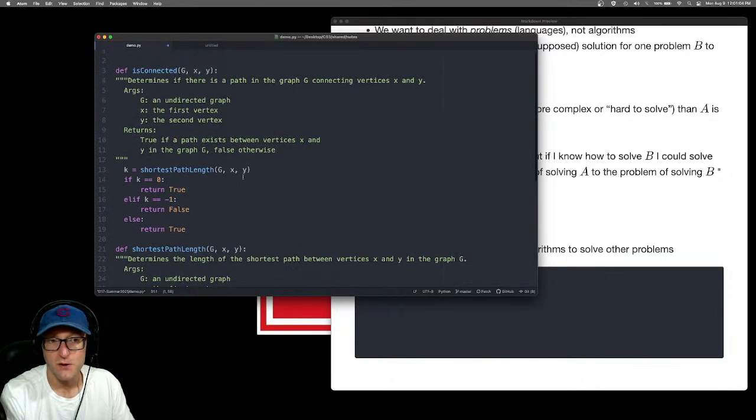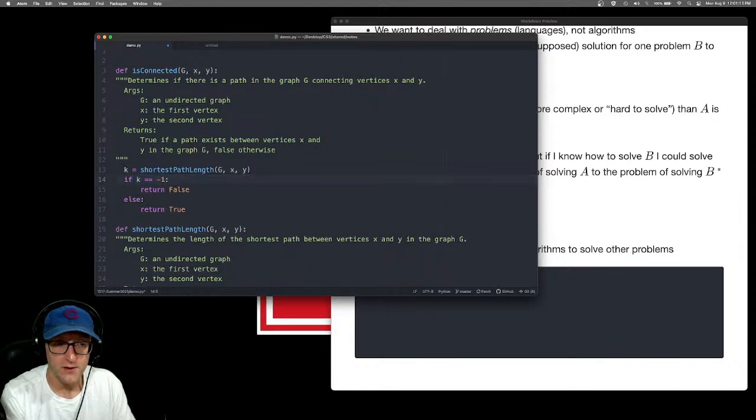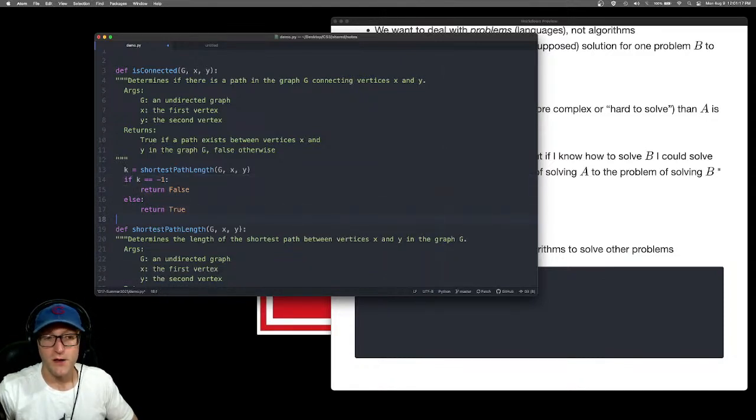So is connected will be false if it's -1. It'll be true otherwise. And so now I can actually simplify this greatly. All right. So if it's -1, return false. Otherwise, for all other values, return true. Right. And now you can simplify this too using a ternary operator or just a simple return statement.